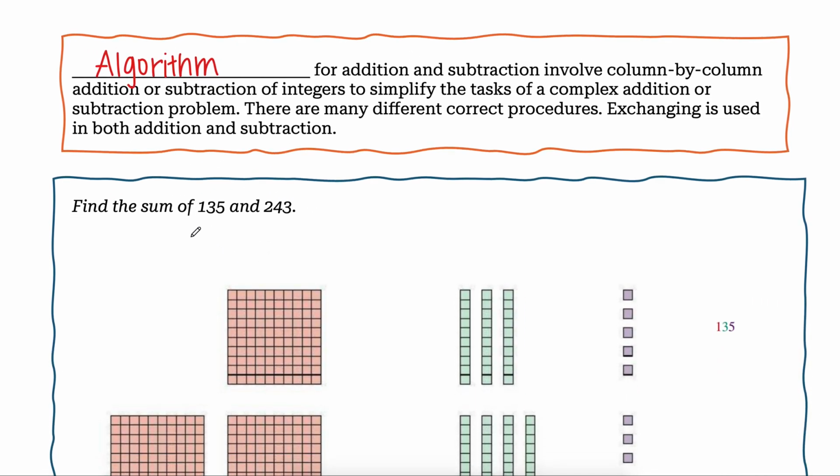If I were to ask you to add 135 and 243, I'm very doubtful that any of you would take out a piece of paper and draw out 135 dots and 243 dots and then count them all and get your answer that way. You're going to follow some sort of an algorithm. Whether you start with the ones places and work your way left, or whether you start with the hundreds and work your way to the right, you're going through an algorithm.